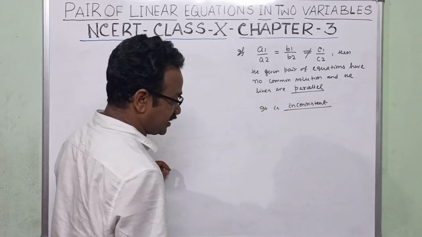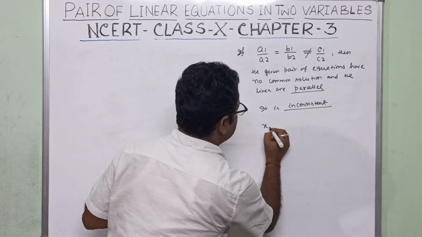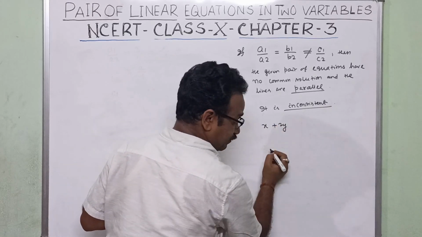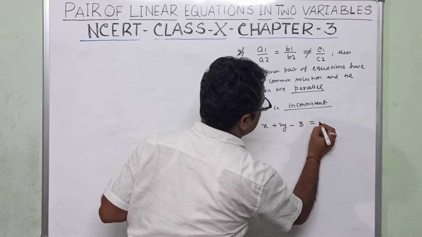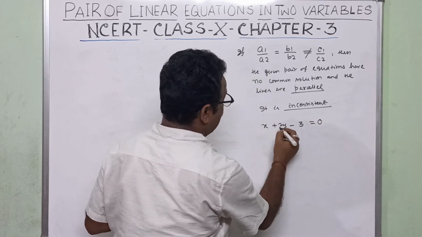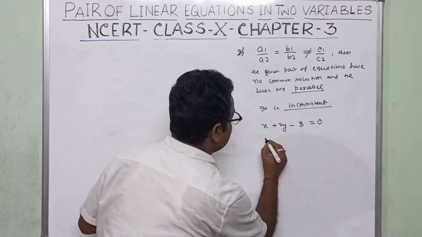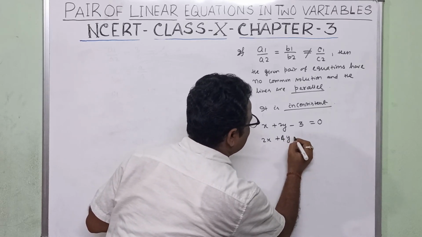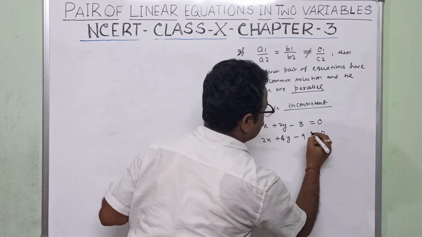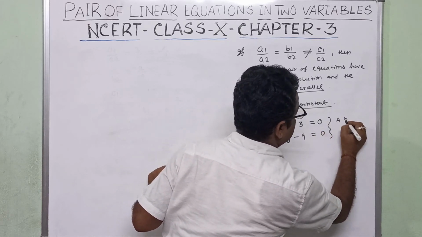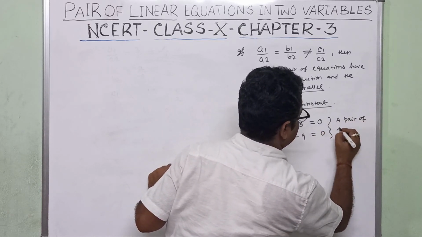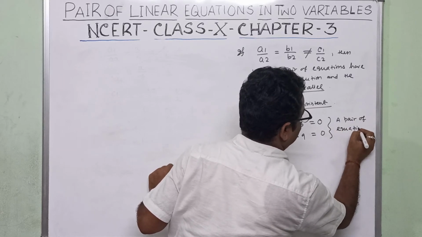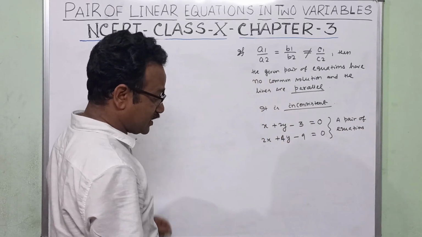Parallel, inconsistent. For example, I have taken one equation, x plus 2y minus 3 is equal to 0. Another one is 2x plus 4y minus 9 is equal to 0. A pair of equations I have taken.